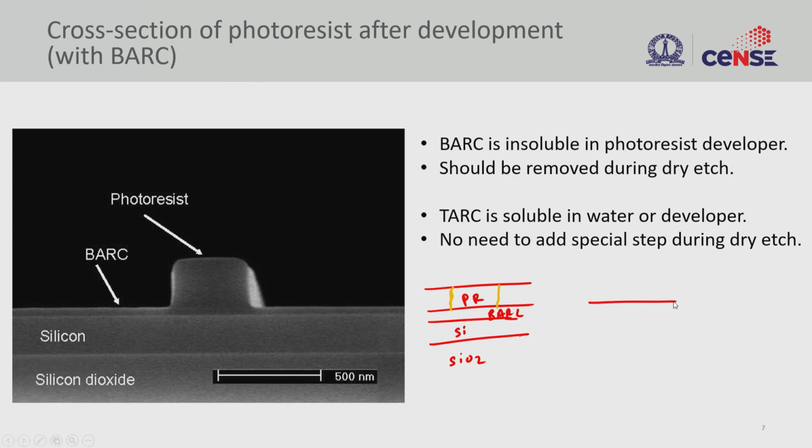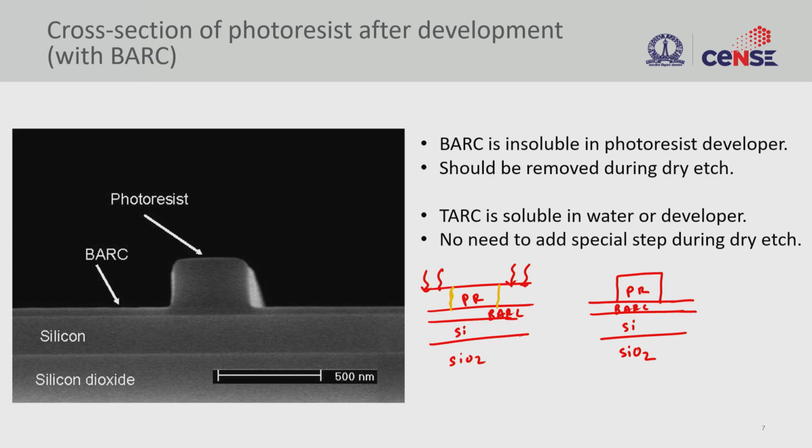So, when you develop this, your BARC is still there underneath, silicon and silicon dioxide on the top. So, you get this photoresist. Let us assume this is a positive photoresist and this is the illuminated part, right, and this is your photoresist, right. So, if you look at it, the BARC layer is still there, right, the anti-reflective coating layer is still present.